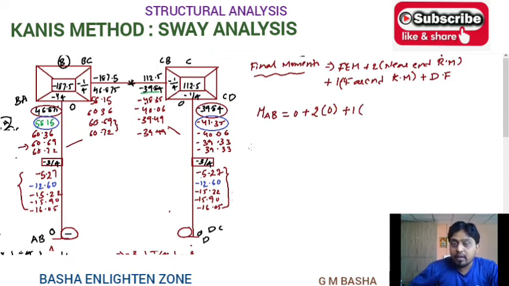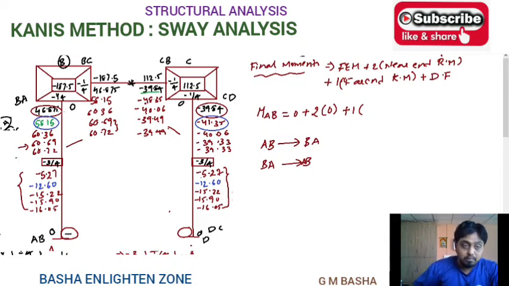So while solving AB, always remember one thing: your far end is BA, while solving BA your far end is AB. So 1 into far end rotation moment will be recently what you will get, that is the fifth trial value. So I am highlighting this one, observe here. I am taking this value which is 60.72.